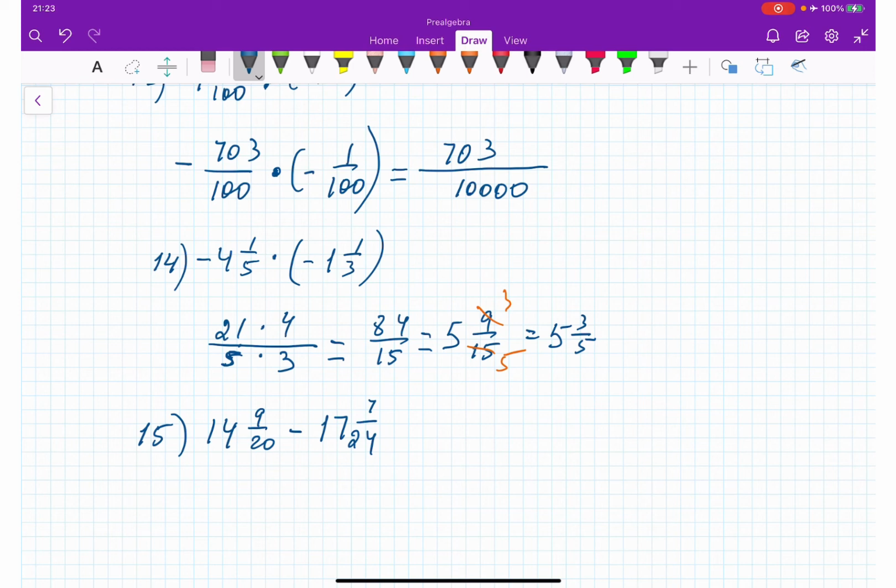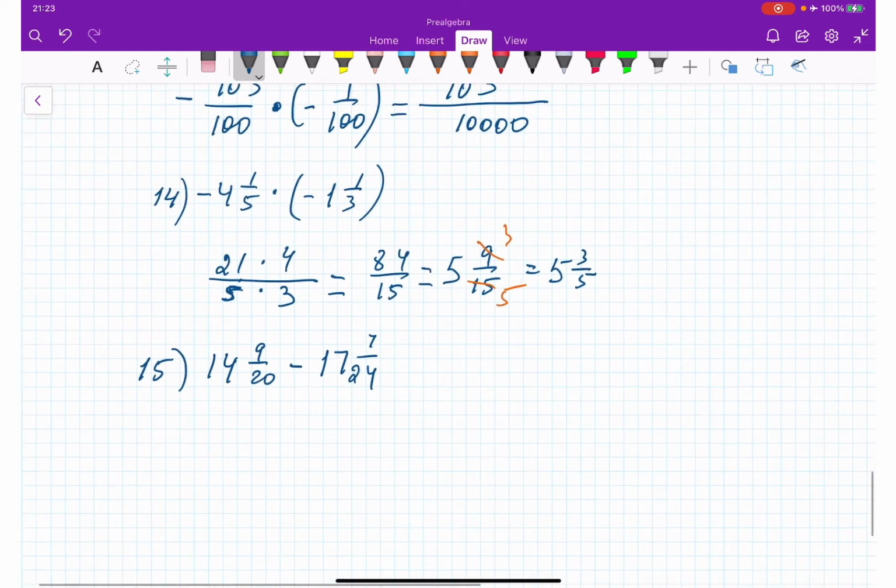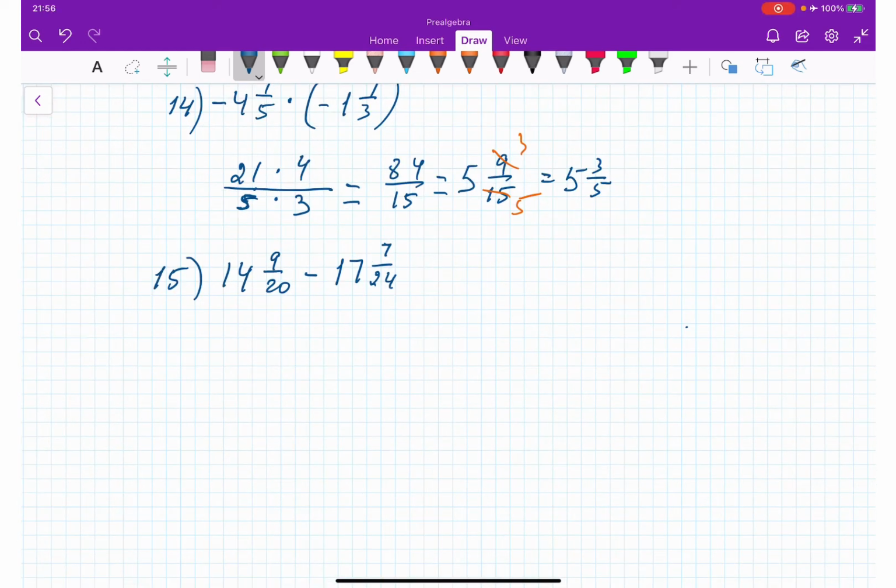Okay, for 20 and 24, let me see, the common denominator is going to be 120. Since the bigger number is negative, this negative sign will stay outside. And we will have 17 and 7 over 24 minus 14 and 9 over 20. And that is going to be equal.